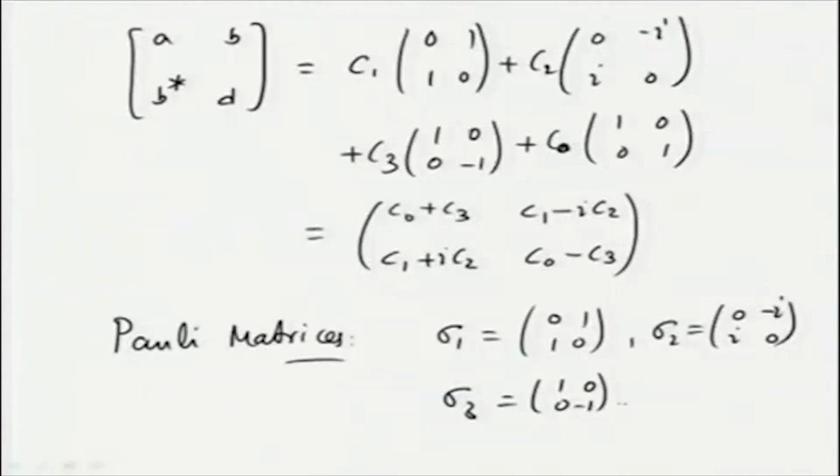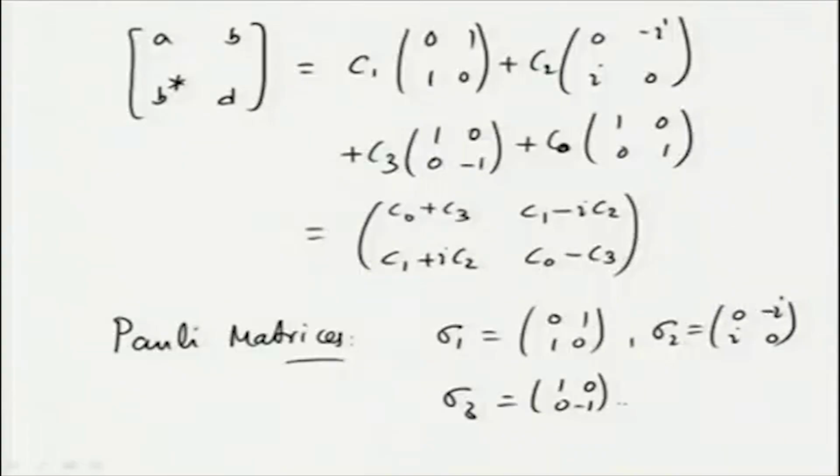And you can also see that sigma 1, sigma 2, sigma 3 do not depend on each other, or they are linearly independent of each other. You cannot get one in terms of another one. By observation you can see that. Also, just multiply one by some number, you will not get the other one. Then the unit matrix is also linearly independent of these. So, we have 4 linearly independent matrices in terms of which we can write any other matrix.